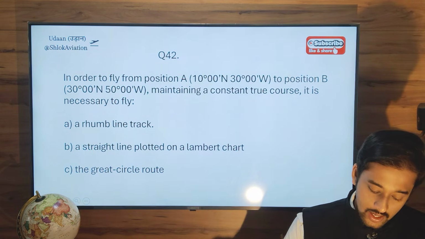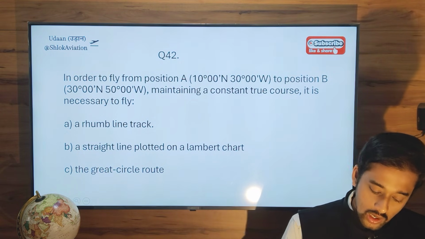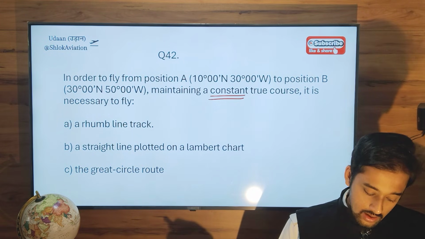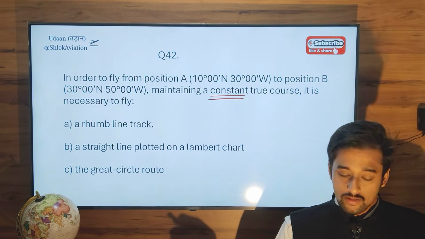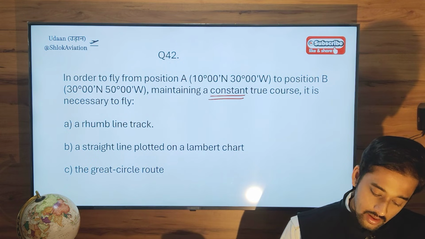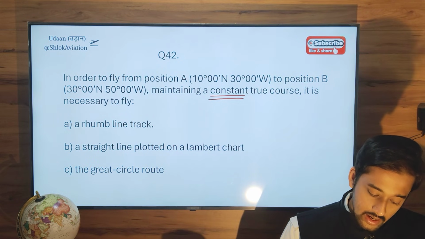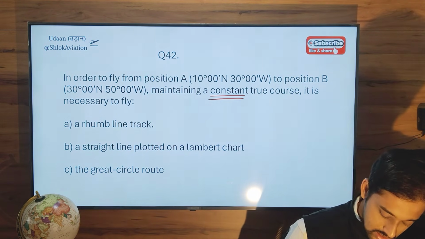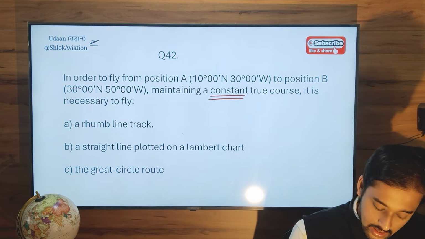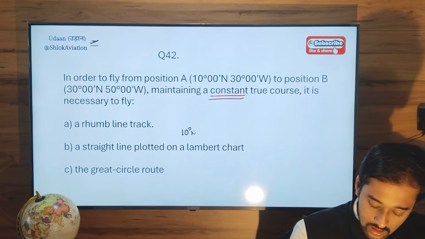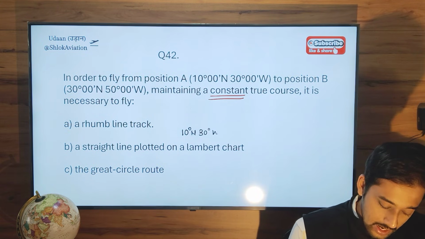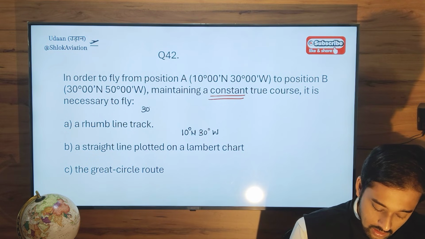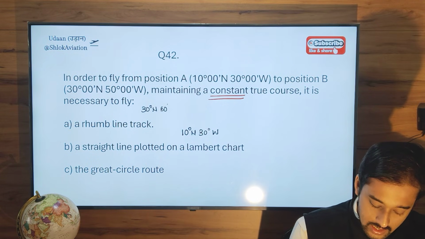In order to fly A to B, maintaining a constant track, so that means they are talking about a rhumb line. It is necessary to fly what? You're going from A at 10° north and 30° west, to B at 30° north and 50° west.